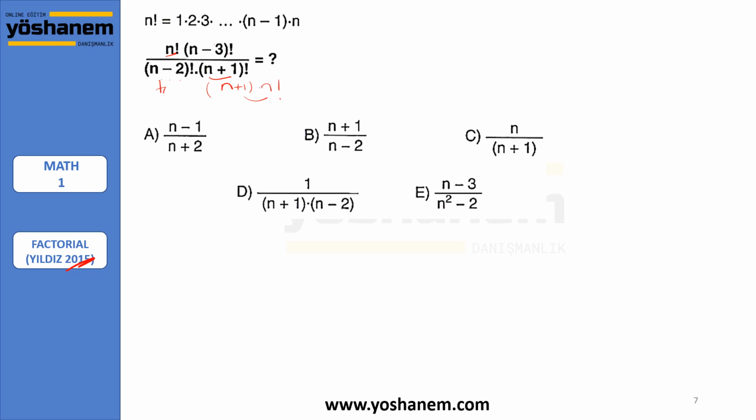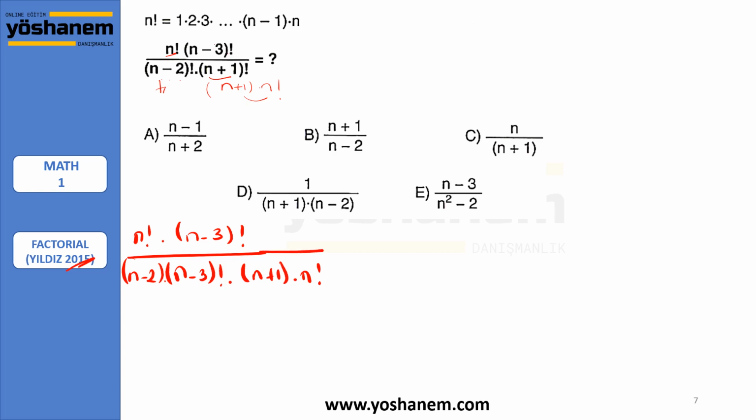So let's start. n factorial times n minus 3 factorial divided by n minus 2 times, 1 less than n minus 2 is n minus 3 factorial, times n plus 1 times n factorial. So I can cancel n factorial.